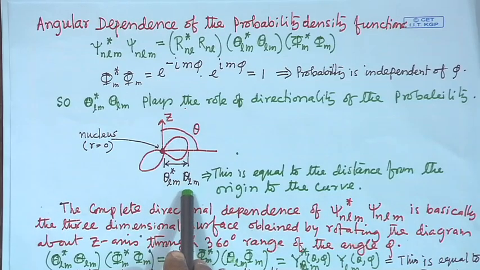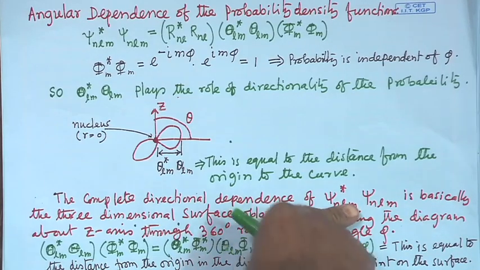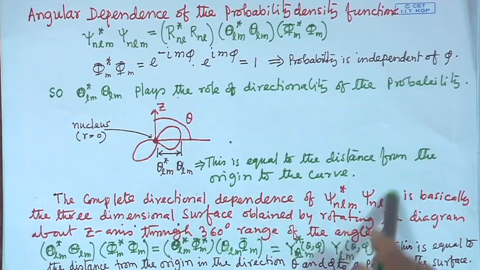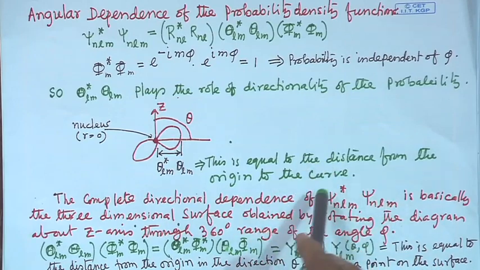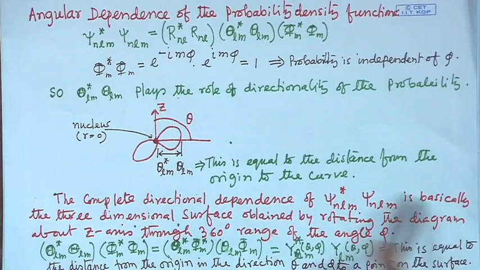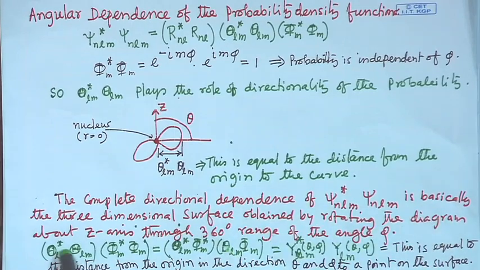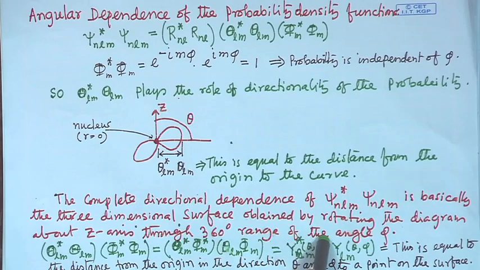So, here the complete directional dependence of this whole wave function is this. It is basically a 3-dimensional surface obtained by rotating the diagram about the z axis through the 360 range of the angle phi.